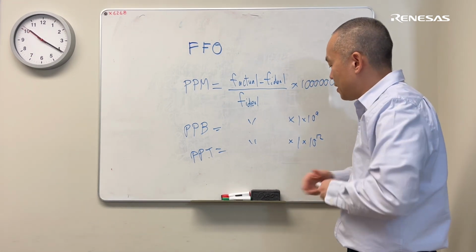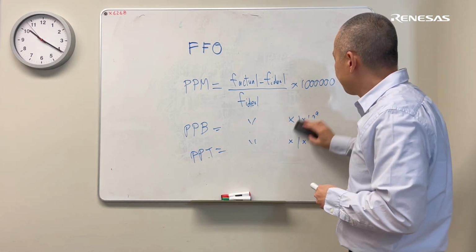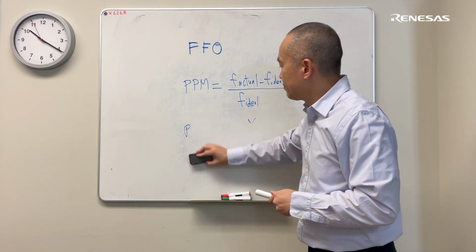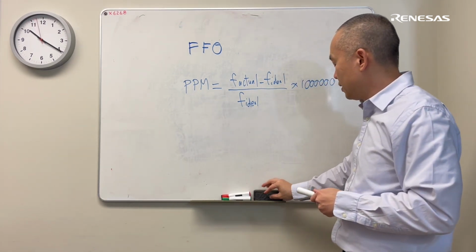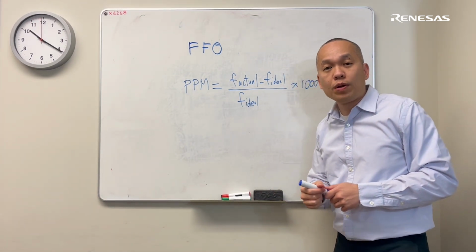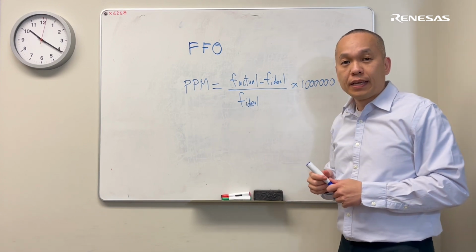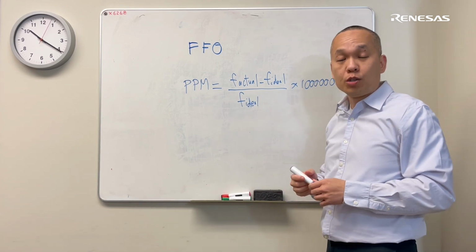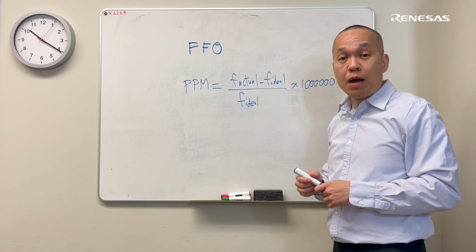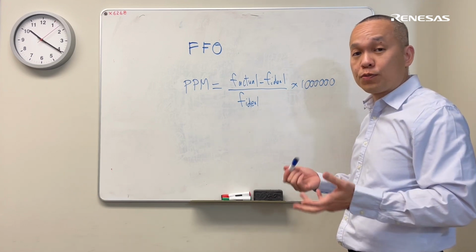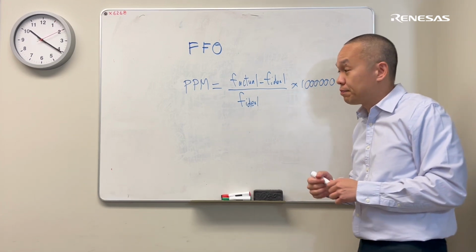So let's take an example to calculate. Say we have a frequency of 99.998 megahertz, and the ideal frequency is 100 megahertz. So what is the fractional frequency offset? What is the ppm?